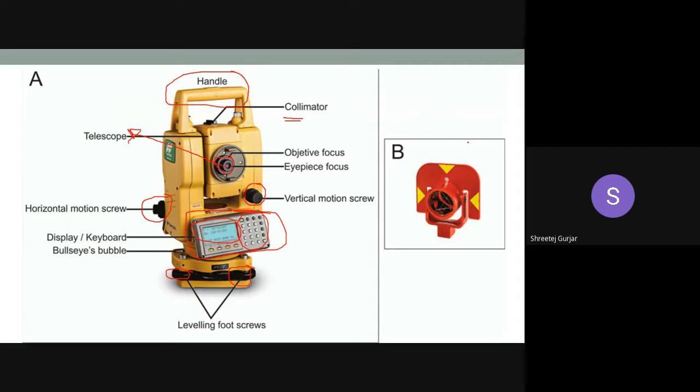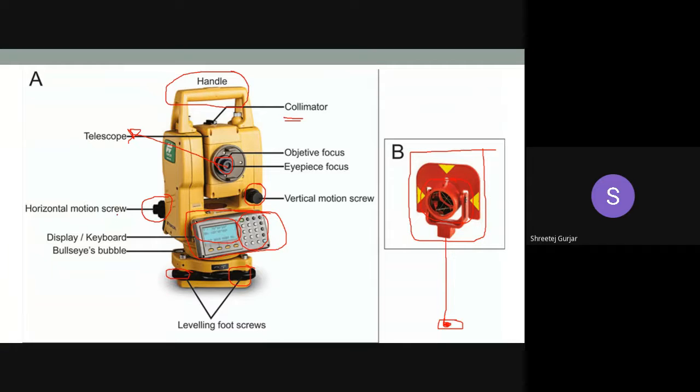And here you see a reflector, which is usually mounted on a pole. It is mounted on a pole, and the ground coordinates of where you place that particular pole are obtained. So not of the reflector itself, it is of the ground. These are the basic parts, not in detail, just the basic parts of a total station, very similar to a theodolite.